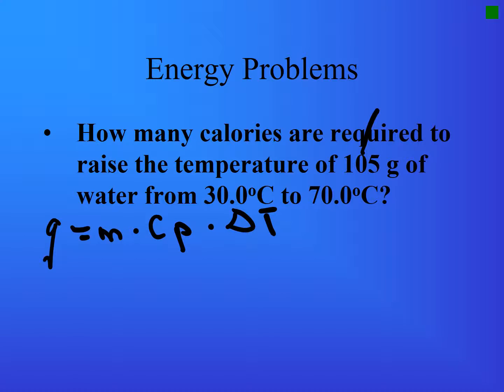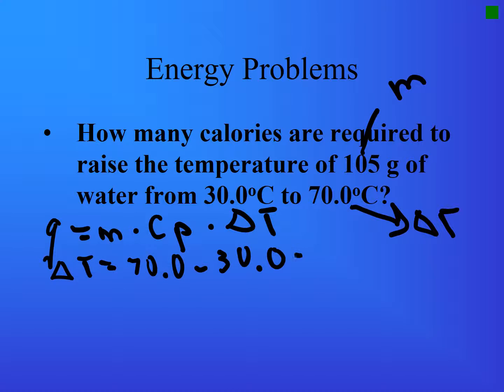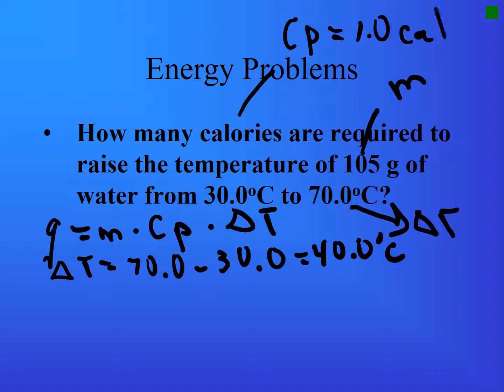This is our m, and our ΔT we're going to figure out. ΔT is equal to 70 minus 30, which is 40.0 degrees C. It doesn't state what your Cp is, but if you remember from the beginning, our Cp of water in calories is this one. That is the one you need to know, in calories per gram degree C. So I can plug it in.